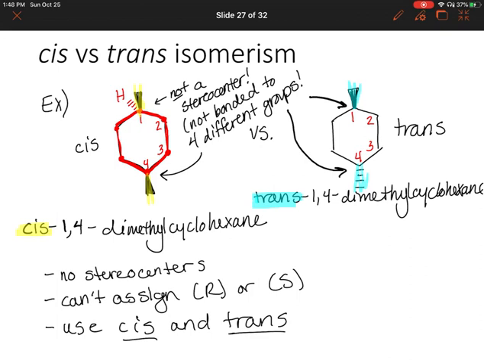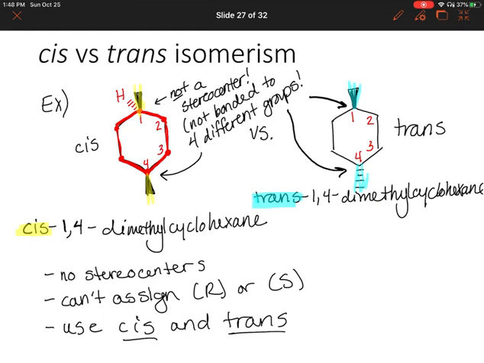Now remember, enantiomers are non-superimposable mirror images, but enantiomers are also typically chiral, so they have stereocenters. Now, looking at these two molecules, we already said that they don't have stereocenters.